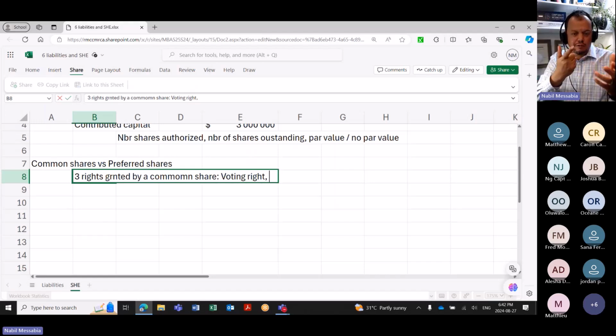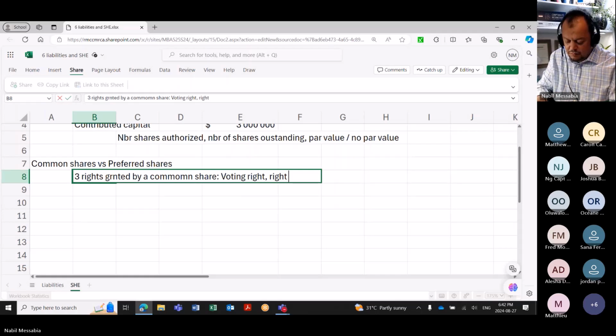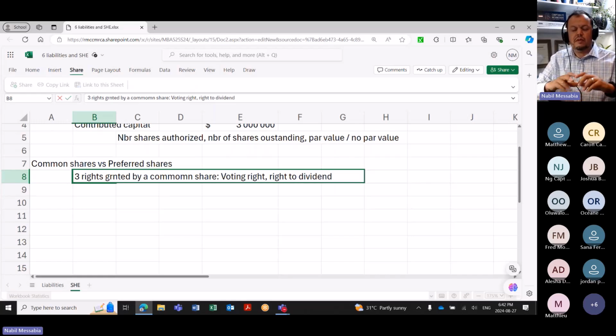I have the right to vote in the General Assembly, and I have the right to dividends. If the board of directors decides to distribute, to declare dividends, I will have a right on that dividend. And the third one, maybe it is a little bit more difficult: the right to sue for wrongful acts.